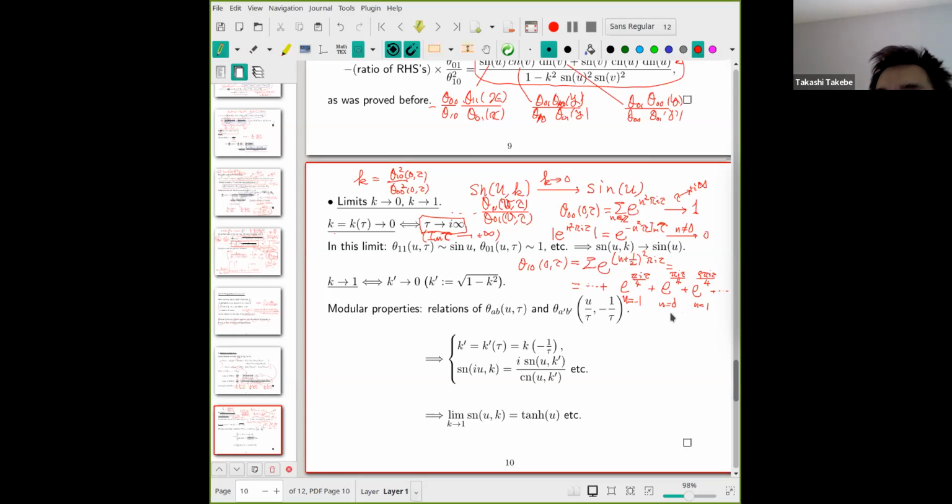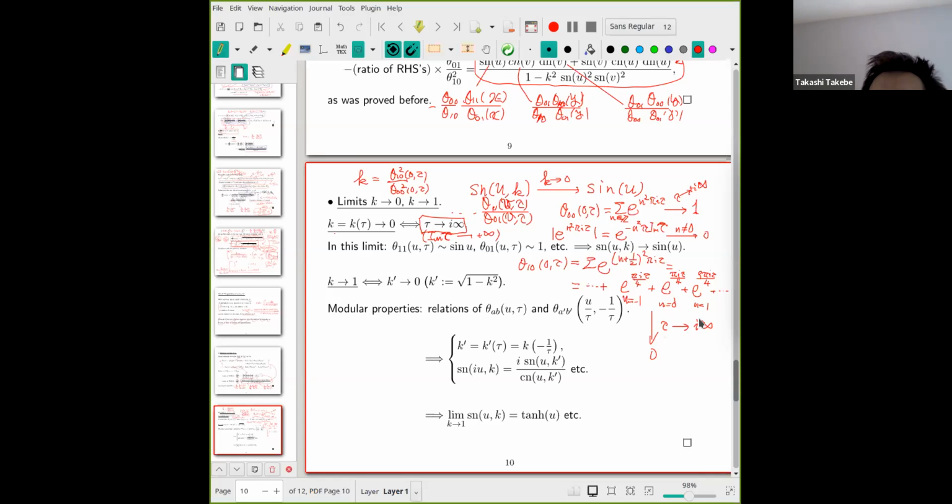So by the same argument, it goes to 0 when the imaginary part goes to infinity.